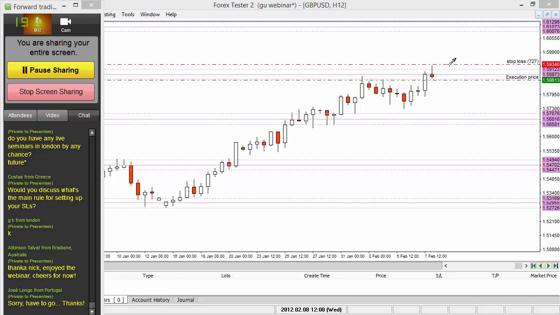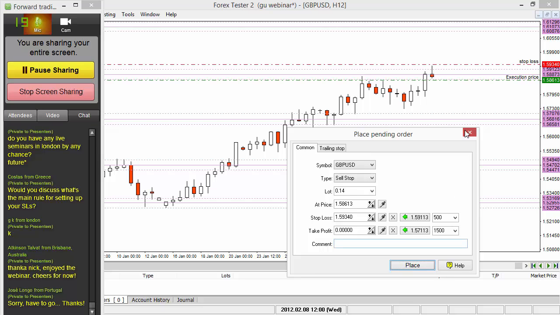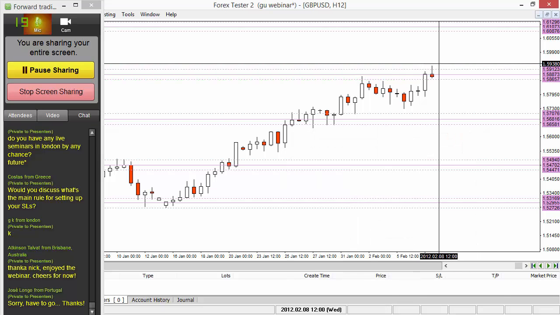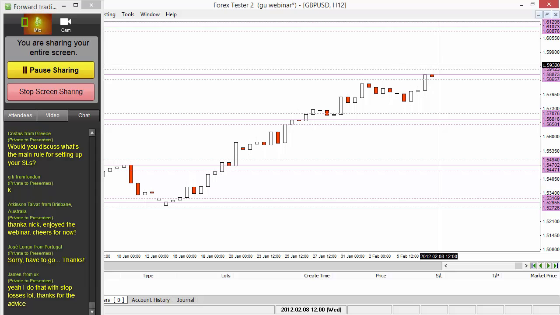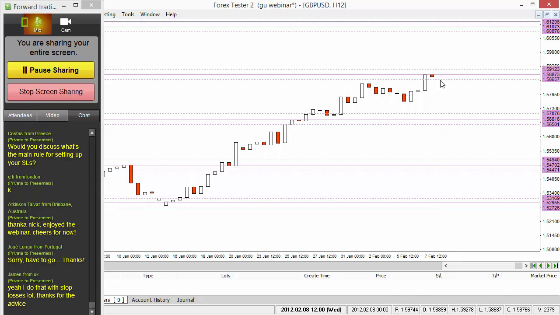So the first thing you do is you set your stop loss. And my stop losses are set basically at the high of the indecision candle. When I can get it, I'll set it at the high of the indecision candle, just a little bit beyond.